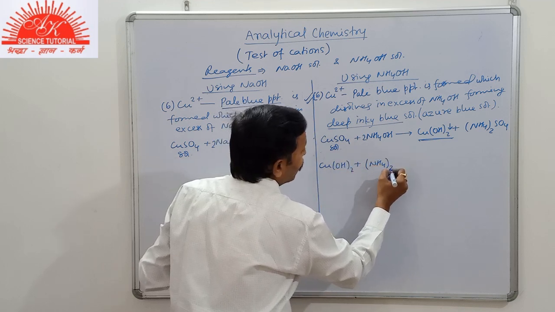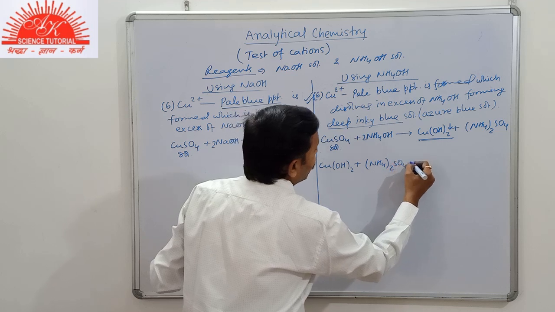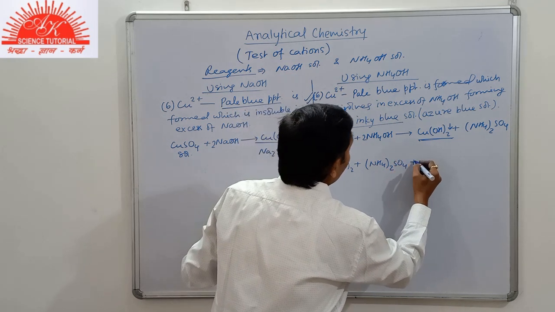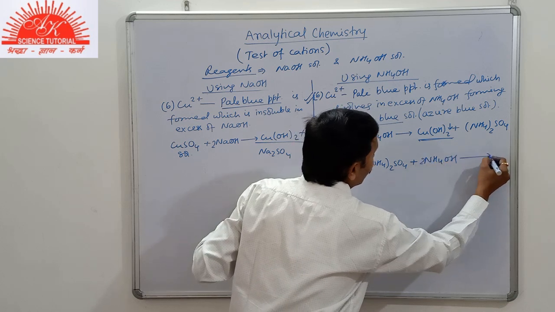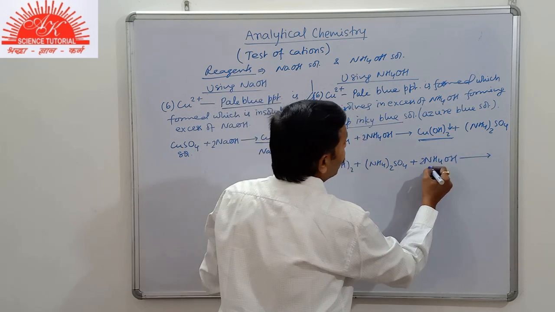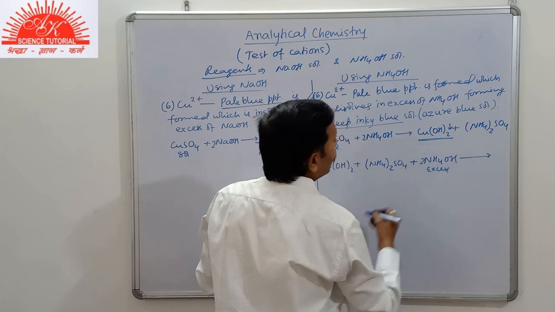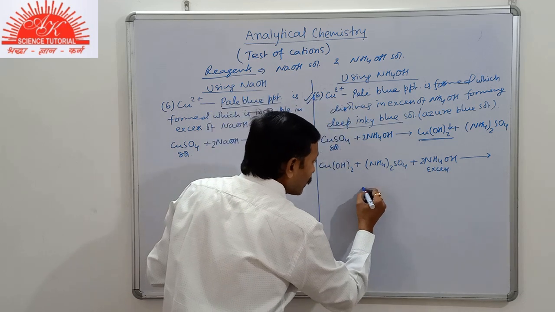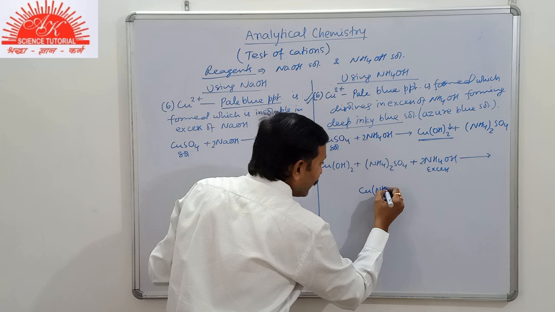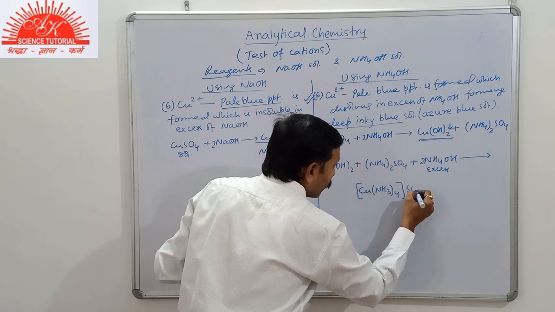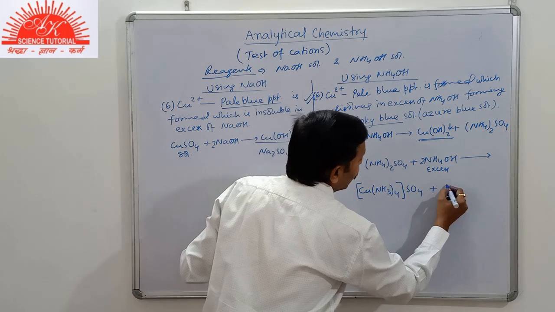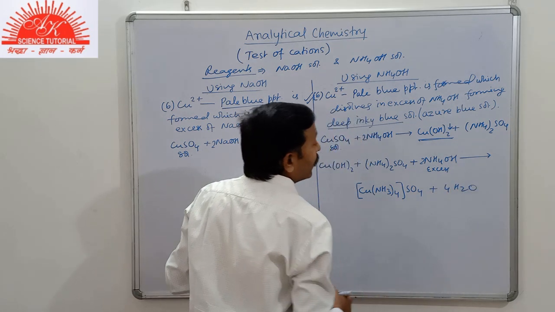So these are present in the test tube or in the beaker and more NH4OH is added. Excess of it is taken. Then what will happen? [Cu(NH3)4]SO4, copper tetraammine sulfate, plus 4H2O is formed.